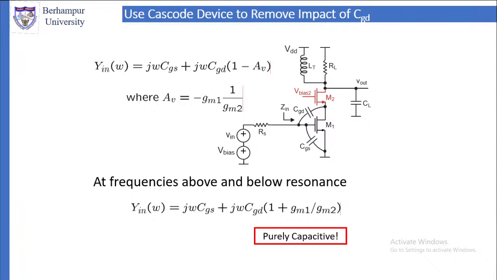Now if you look at both these terms, there is no resistive term. Both these terms are capacitive because it is j omega into something. Therefore this circuit becomes purely capacitive. So Yin now becomes purely capacitive, so Zin also will be purely capacitive.